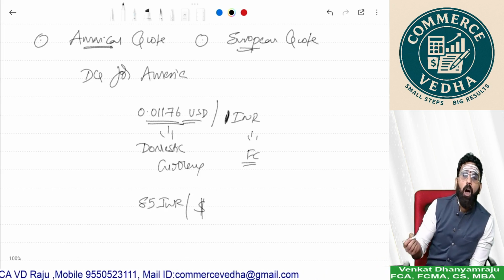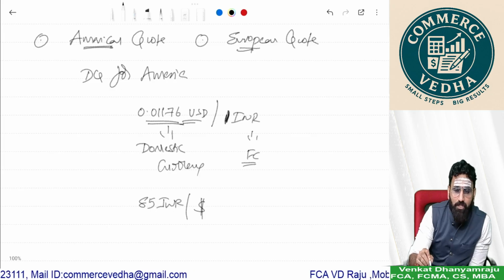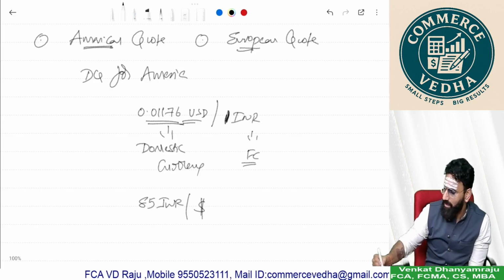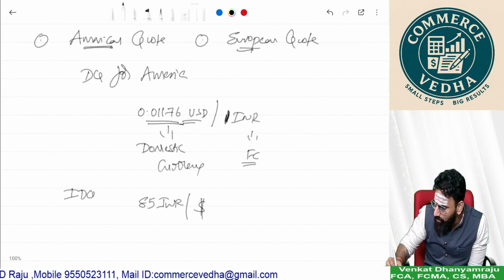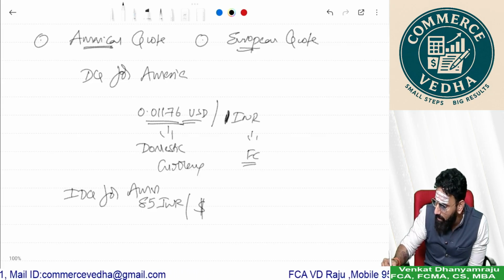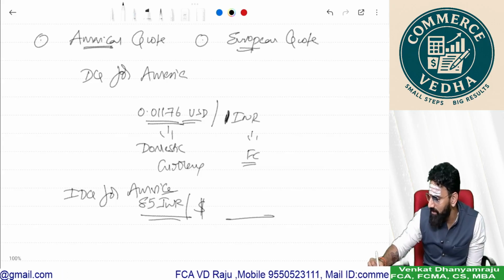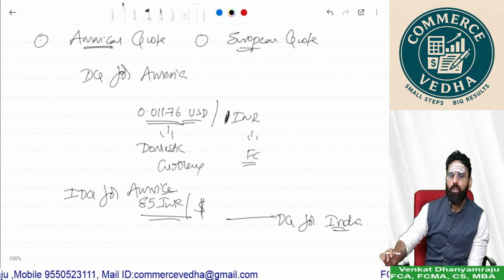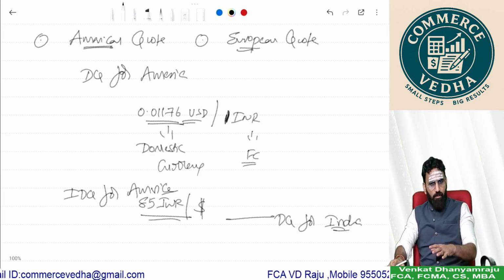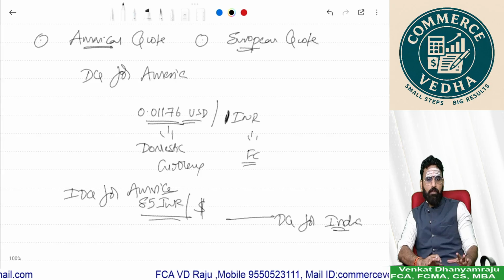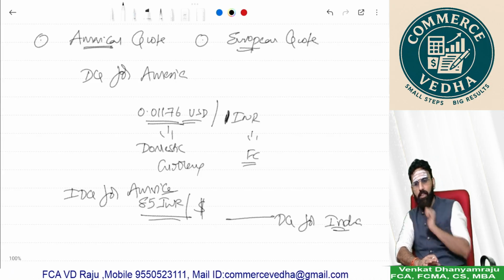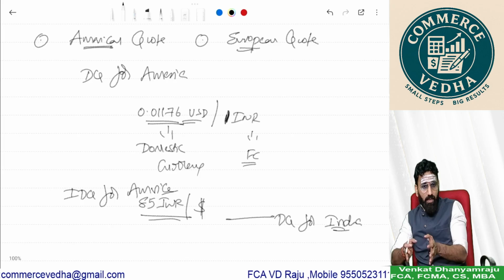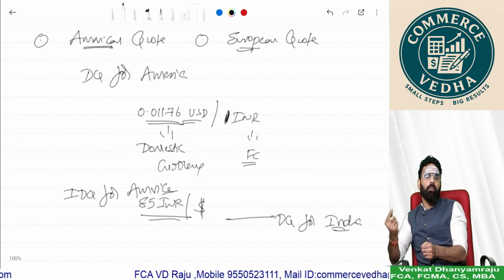It means how many units of foreign currency are required to purchase 1 unit of US currency, the dollar. This is an indirect quote for America, which means it is a direct quote for India. So American quote says how many dollars to purchase 1 unit of foreign currency. European quote says how many foreign currency units to purchase 1 dollar.